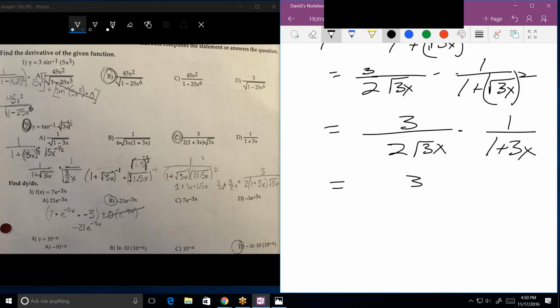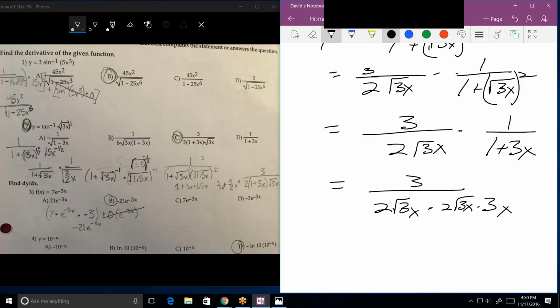And the answer should be 2 square root of 3x times 2 square root of 3x times 3x.